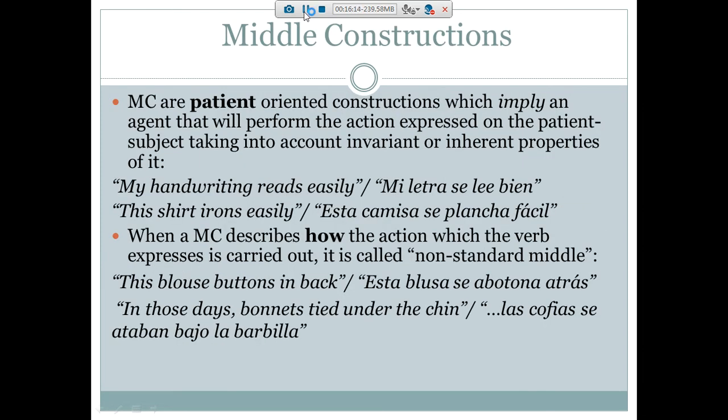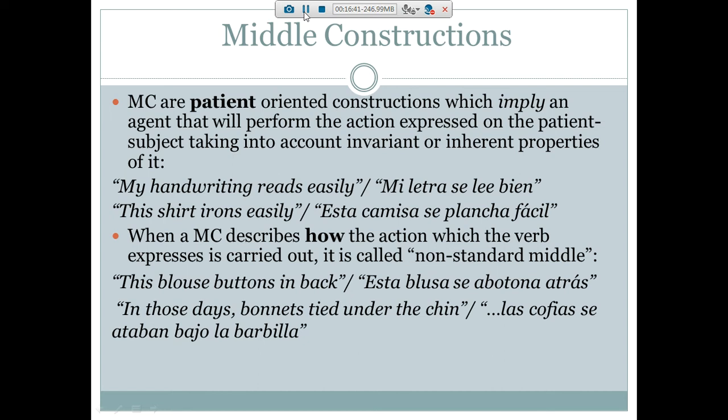Middle constructions. Middle constructions are patient-oriented. So there is a focus on the syntactic subject patient. Middle constructions are patient-oriented constructions which imply an agent that will perform the action expressed on the patient subject, taking into account invariant or inherent properties of it.